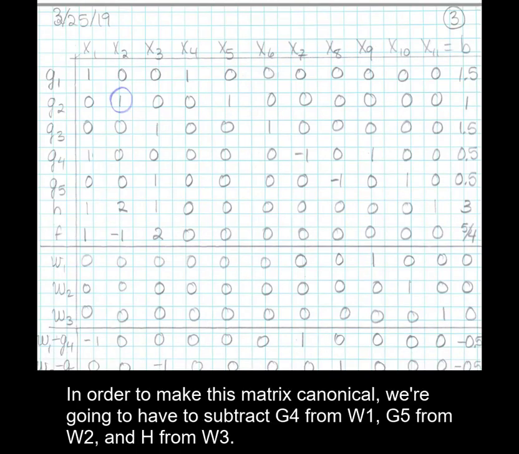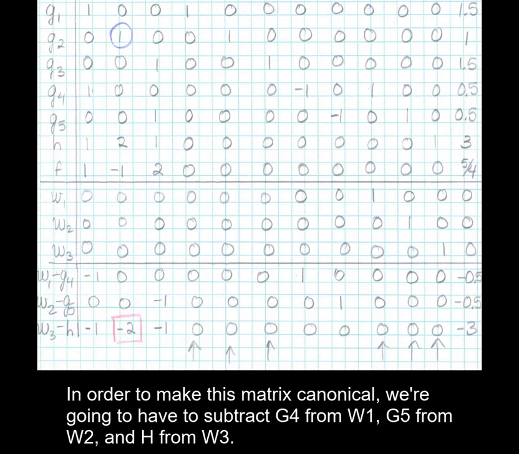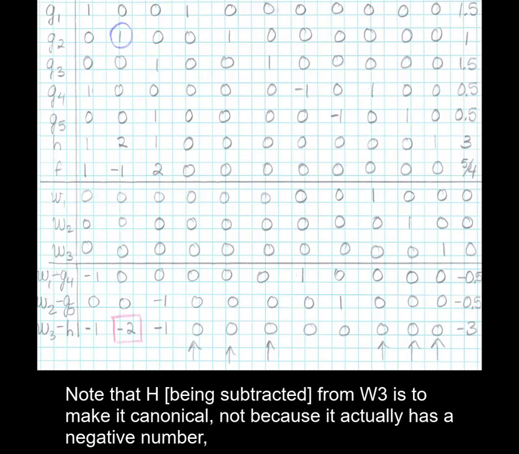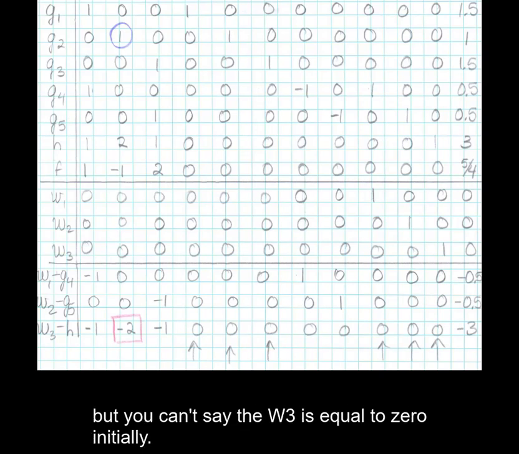In order to make this matrix canonical, we are going to have to subtract G4 from W1, G5 from W2, and H from W3. Note that H from W3 is to make it canonical, not because it actually has a negative number. But you can't say that W3 is equal to 0 initially.